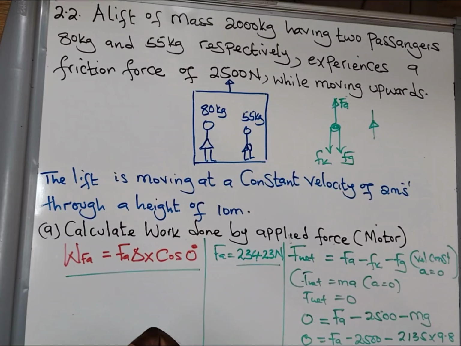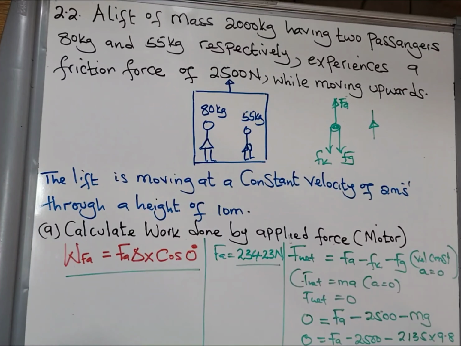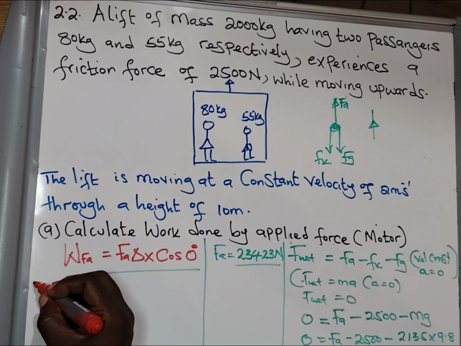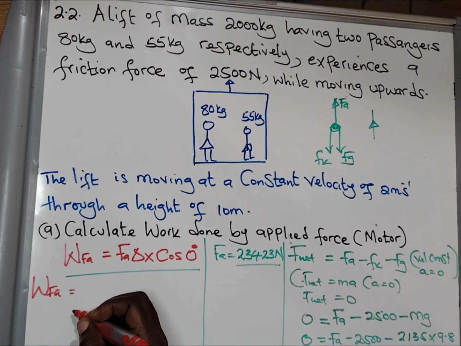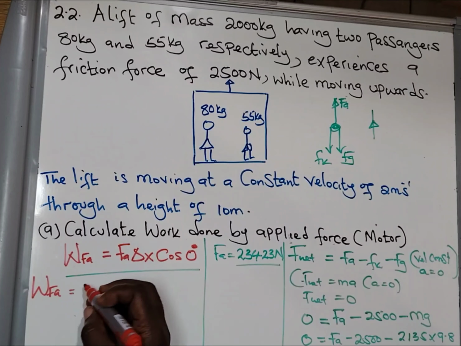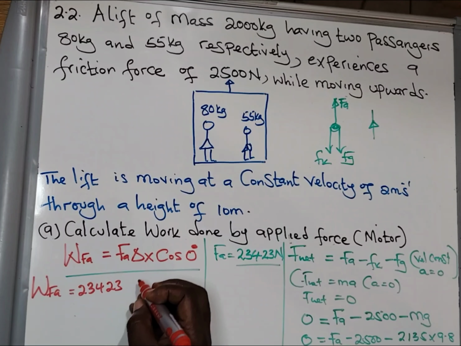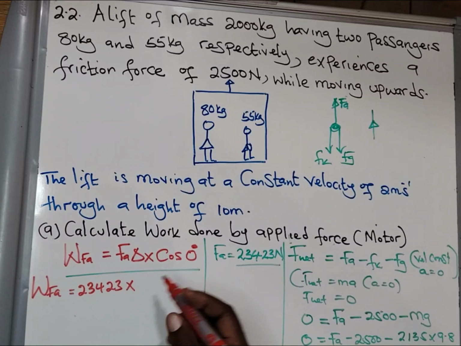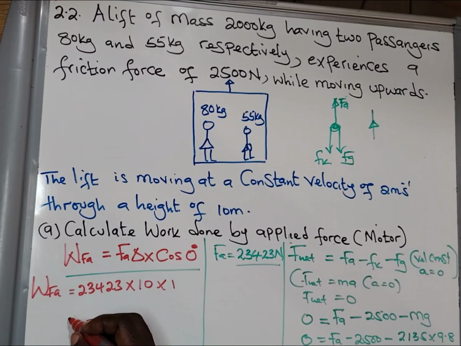After getting the applied force, what do we do with it? We substitute it here. Work done by the applied force is equal to the applied force, which is 23,423, times displacement, which is 10, times 1.